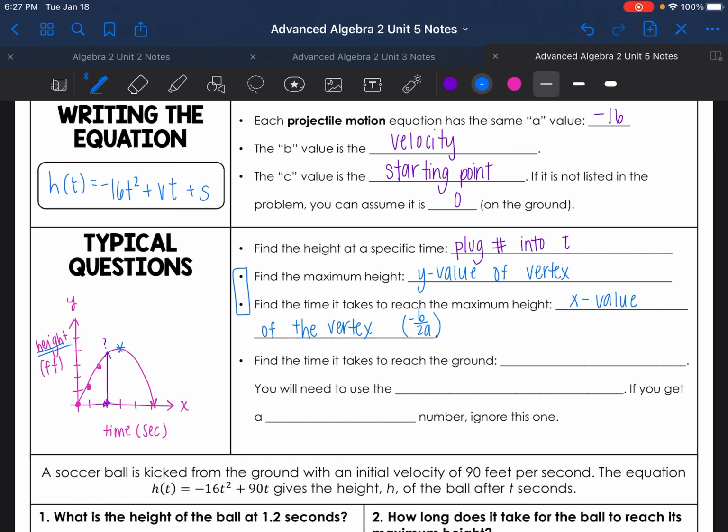Then it might say, how long does it take to reach the ground? So the ground would be when the height is 0. What special points are those 2 points? Those are your x-intercepts.